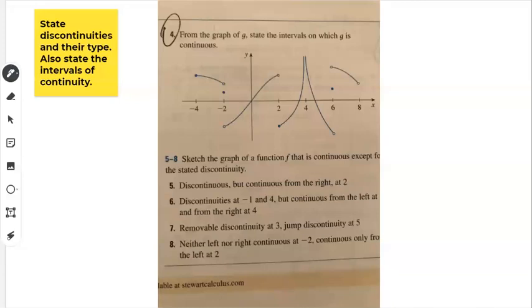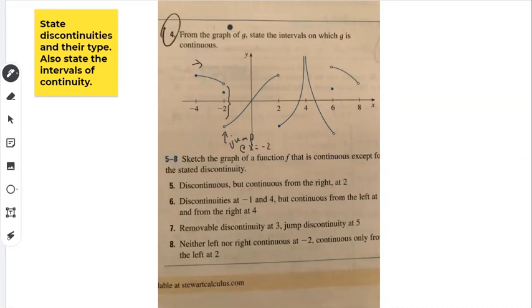So coming in from the left, we start off at -4 at this point, and as we come in from the left, we get to here, and we notice that there is definitely a jump. So that's going to be a jump discontinuity, a jump at x equals -2.